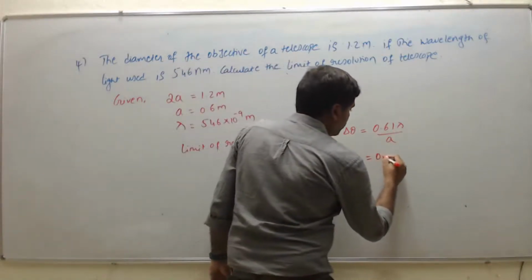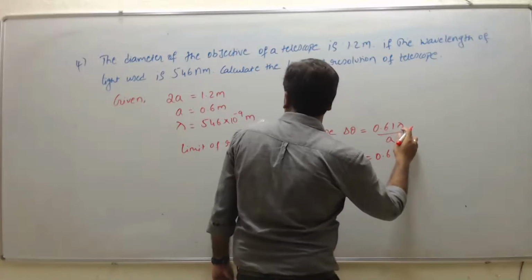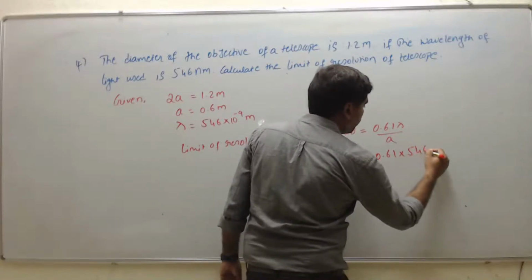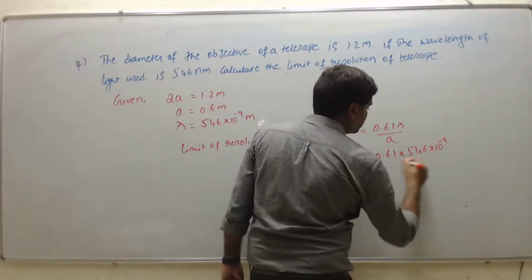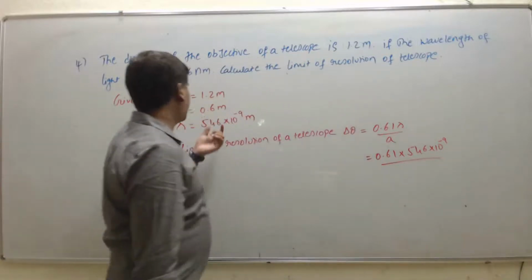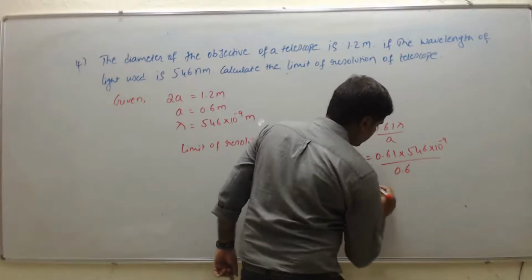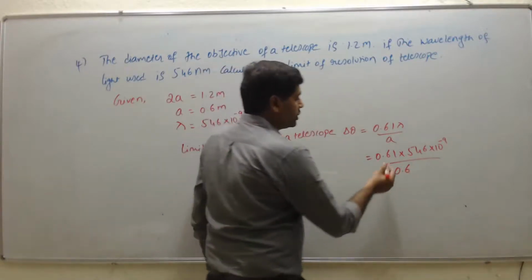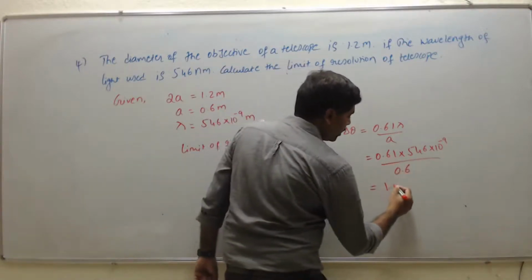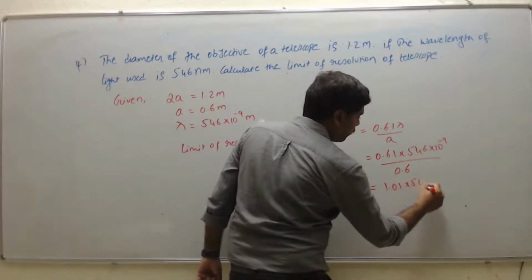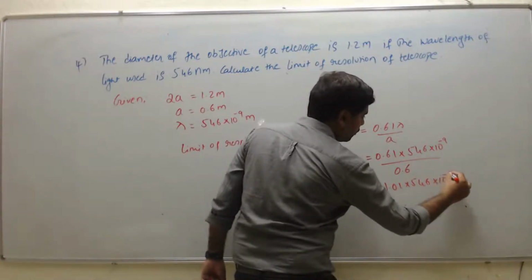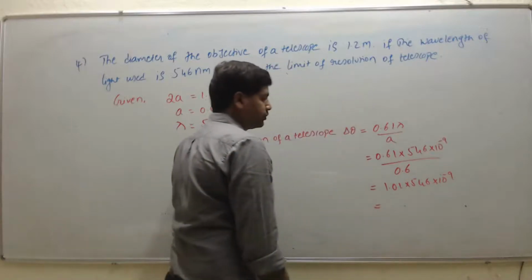So 0.61, we know the value of lambda, that is 546 into 10 to the power of minus 9, divided by the value of A, which is 0.6. So 0.61 divided by 0.6 gives 1.01, into 546 into 10 to the power of minus 9.